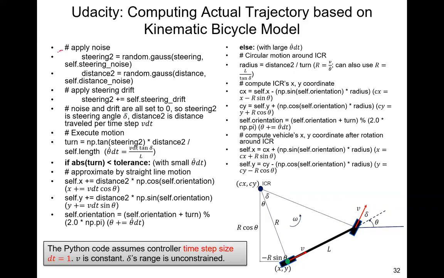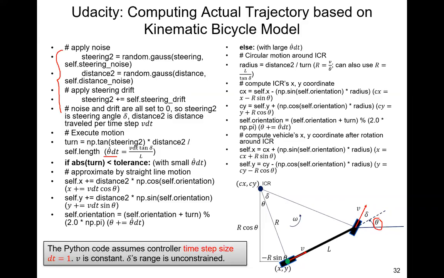So these steps are to apply noise. These are useful for state estimation, which we did not discuss in this course. That is common filters and particle filters. So these are not relevant to us, so we set them all to 0. And then we execute a motion. The turn is the vehicle turning angle, the change in theta in the time step dt.